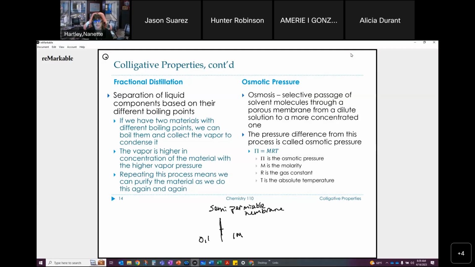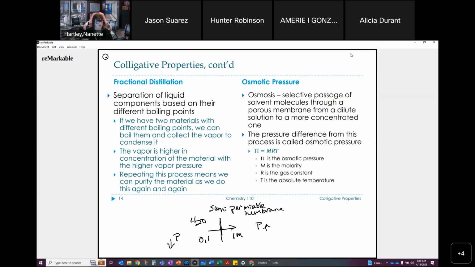Because what's going to happen is that since the solute can't move, the water will, and the water will move from where I have low concentration to where I have high concentration to try and equalize those concentrations. So I get my H2O moving from this side to this side. As it moves to the side that has the higher concentration, the pressure on this side goes up and the pressure on this side goes down.